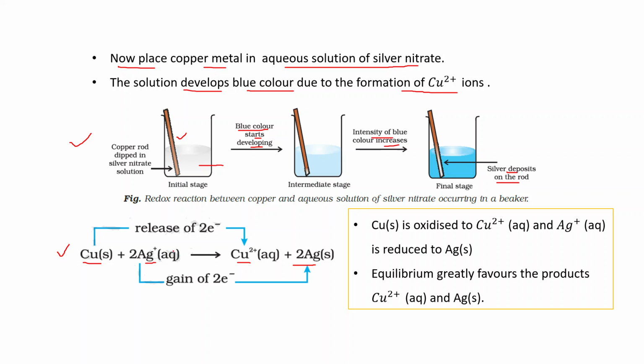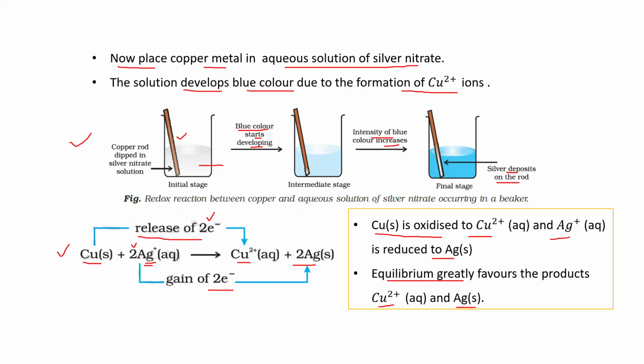In this case, copper released 2 electrons and each Ag+ ion gained 1 electron. When 2 electrons are lost, 2 electrons should be gained. So we balance the reaction by putting 2 here. So we can say copper is oxidized to Cu2+ and Ag+ is reduced to Ag. And again, equilibrium greatly favors the products Cu2+ and Ag.